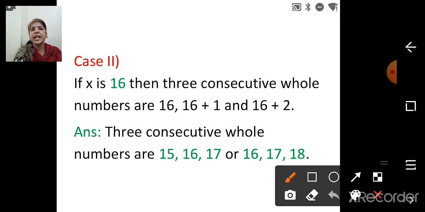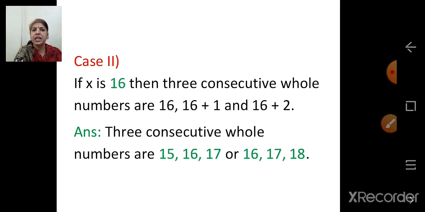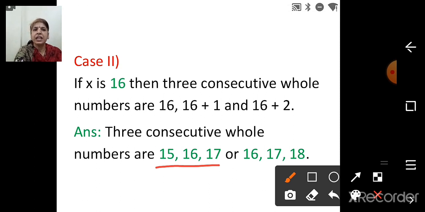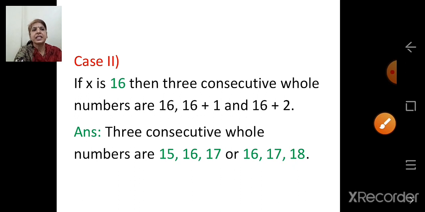So what is the final answer? If it is case 1, 15, then 15, 16, 17, or it is 16, 17, 18, right children? So these are the answers. If x is 15, your consecutive numbers will be 15, 16, 17, or if it is 16, then 16, 17, 18. So this is the way you have to solve the sum.